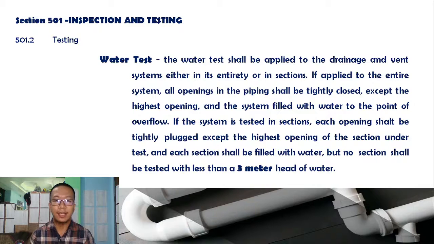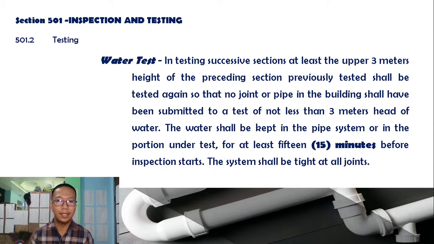If the system is tested in sections, each opening shall be tightly plugged except the highest opening of the section under test, and each section shall be filled with water, but no section shall be tested with less than a 3-meter head of water. So kailangan og tubig, ang head sa tubig is dili mag less than sa 3 meters.